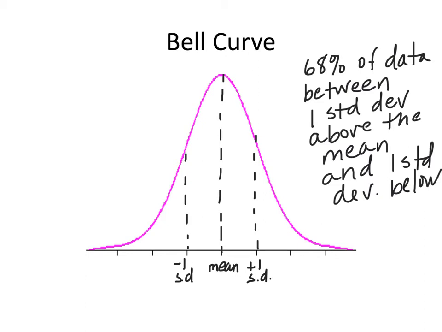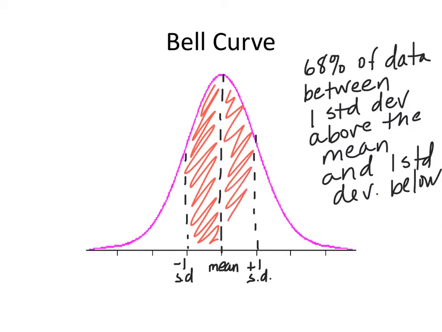So if we think about that, we know that what's in these two parts that we've identified is 68% of our data. 68% of our values lie in there. If it's 68% and it's centered around the mean, then we can divide that into two parts, and 68 divided by 2 means 34% is here and 34% is here.